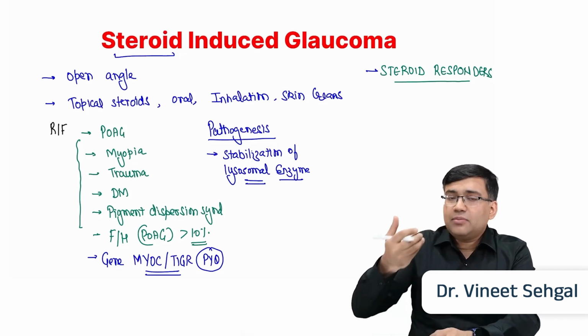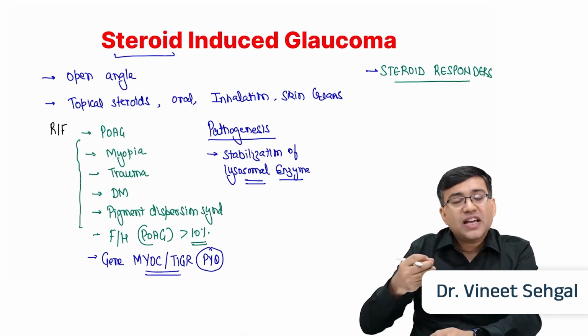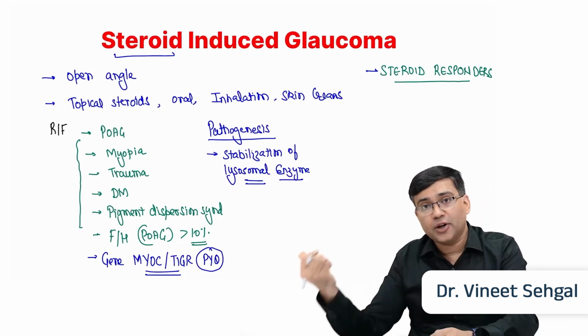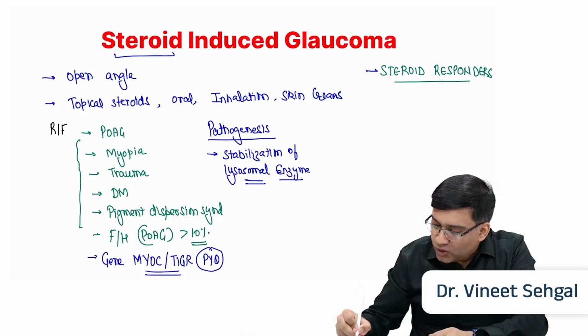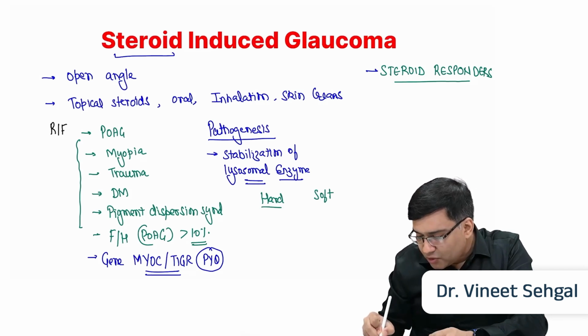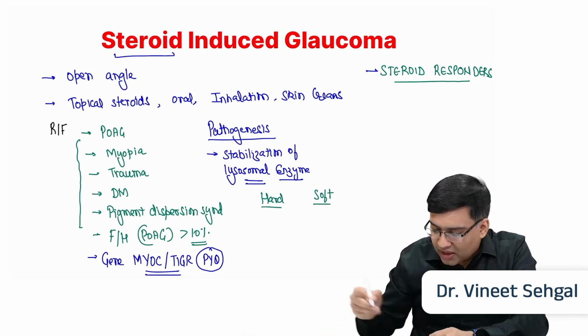There are some types of steroids which have more predisposition to cause increased intraocular pressure as compared to other ones. So these two types are called hard steroids and soft steroids. So what are hard steroids?